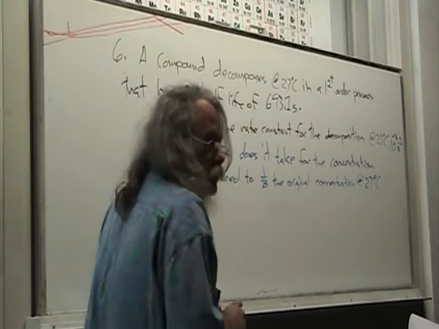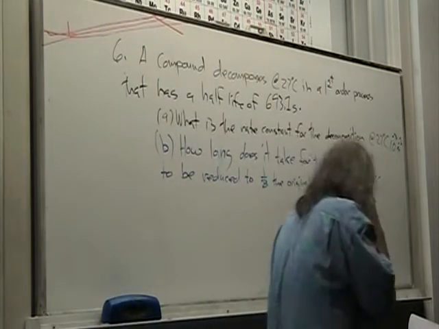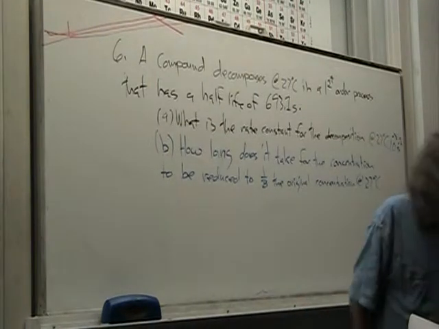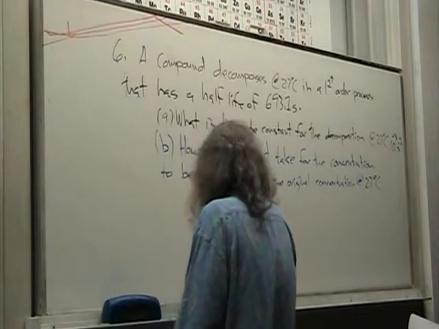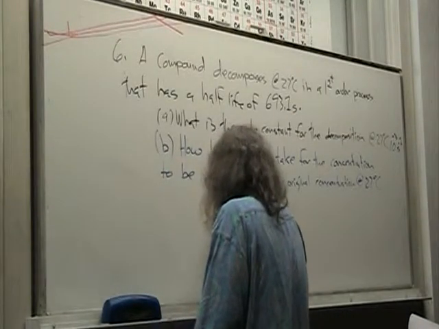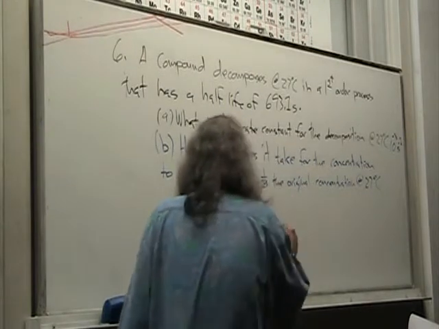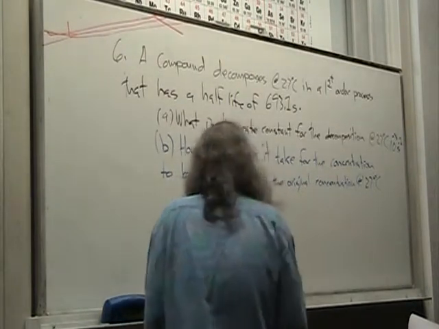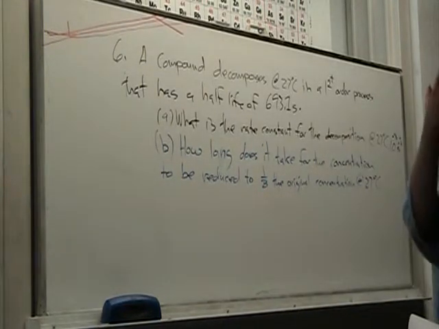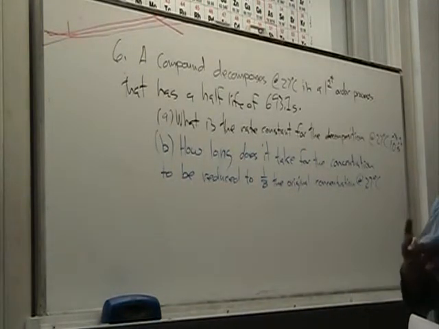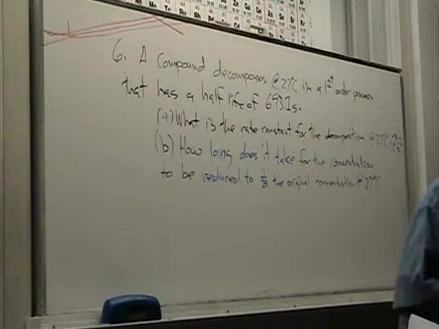What happens to this as a first order process? What happens to it with every half-life? The half-life is the time it takes to be cut in half, by definition.